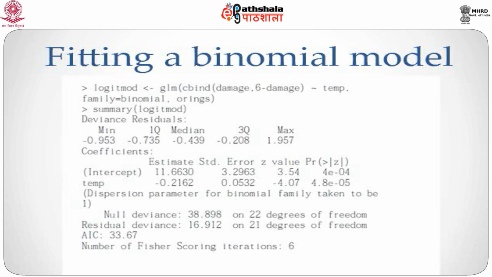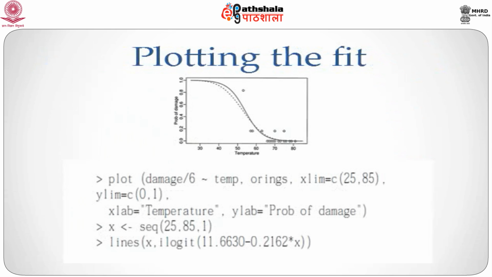It also gives a measure of goodness of fit, the AIC, and finally it gives the number of Fisher scoring iterations which were required for the model to converge. We might want to use the plot function. So here we have done a plot of the raw data. So plot damage by 6, which is the proportion of damaged O-rings, as a function of temperature.